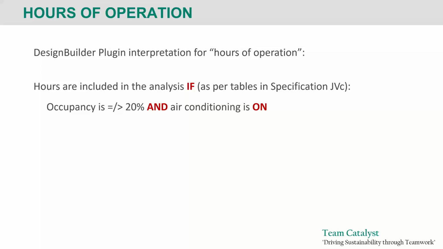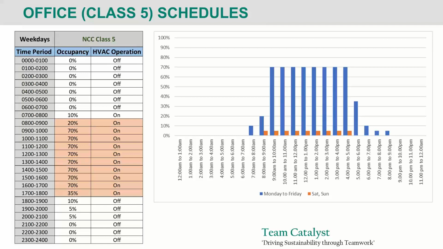Okay, and for example, if you look at class 5, this schedule is directly from the JV3. And so what the Pmv plugin is looking for is to report the hours when the air conditioning is on and the occupancy is 20% or more.